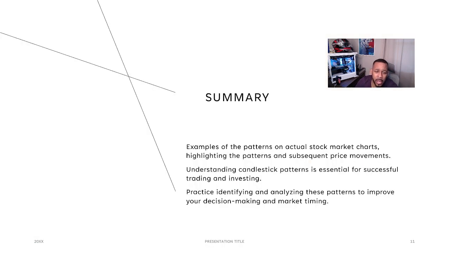Let me do a little summary here. These are the basic candle patterns, and the examples of patterns in actual stocks and charts, highlighting these patterns and subsequent price movements. This is where you'll start understanding the momentum and the movement of the market at a better rate, and when to enter and leave the market, because you'll start seeing the buyers coming in.